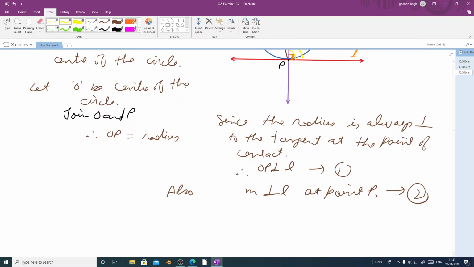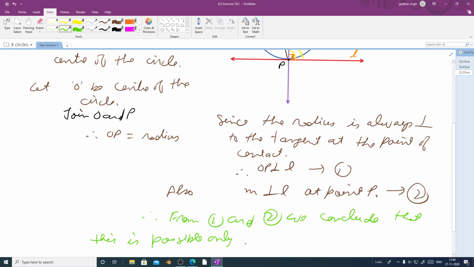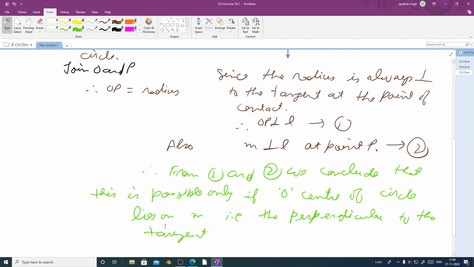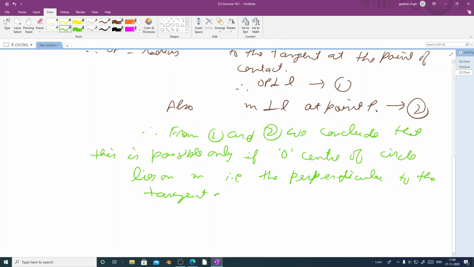So, that is what we will write. From 1 and 2, we conclude that this is possible only if O, the center of the circle, lies on M, that is, the perpendicular to the tangent L at point P. So, this is our solution of question number 5.